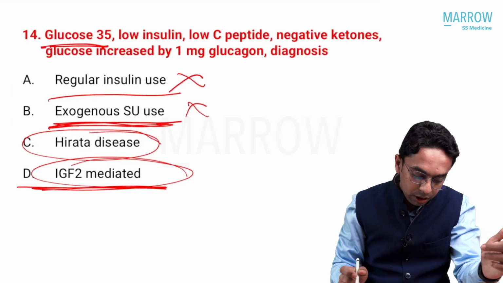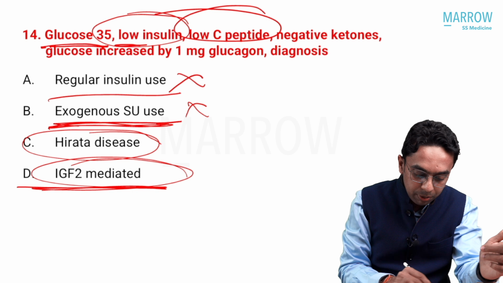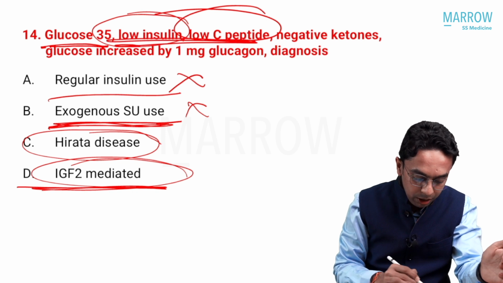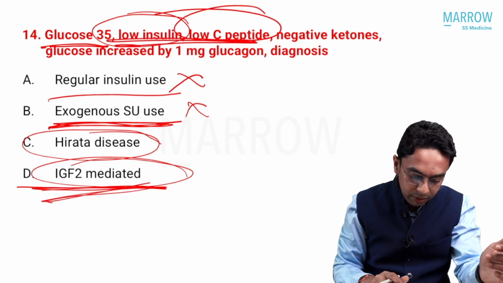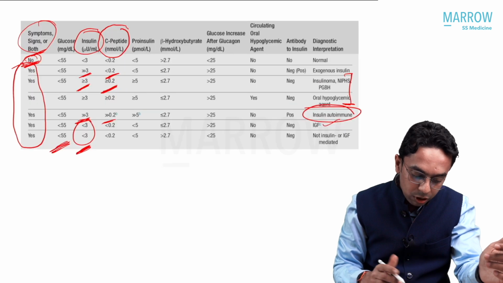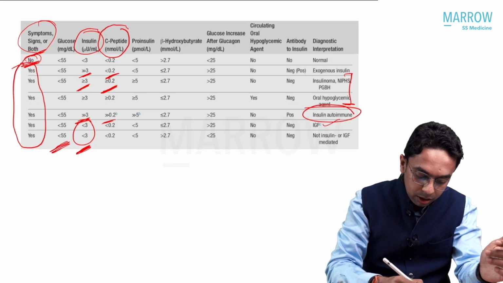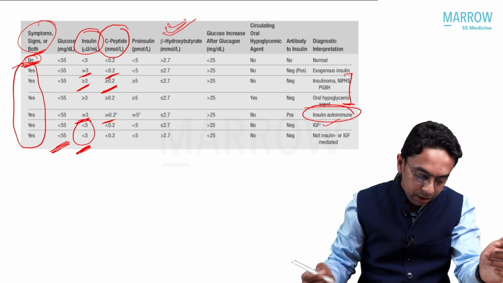So in our question, low insulin with a low C-peptide will be an IGF-2 mediated hypoglycemia. Also, if insulin is present, ketones are negative.